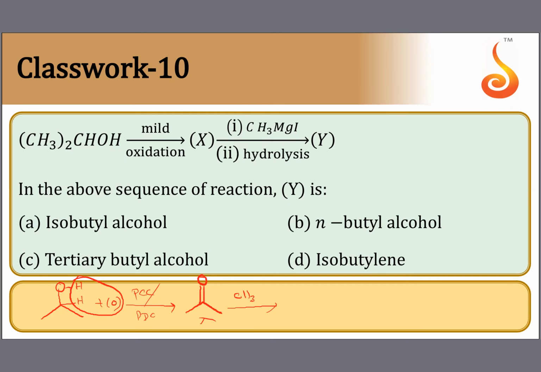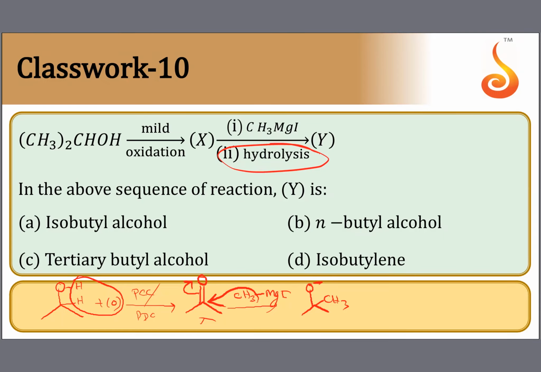Here methyl acts as the attacking nucleophile, attacks at the carbonyl carbon, and the pi electron pair is shifted onto O. Then we get O minus here, CH3. Tertiary butoxide, right? This is a salt actually.